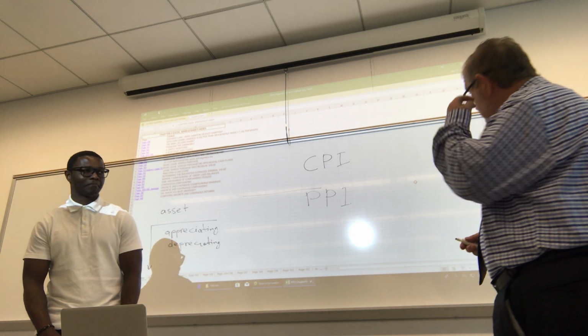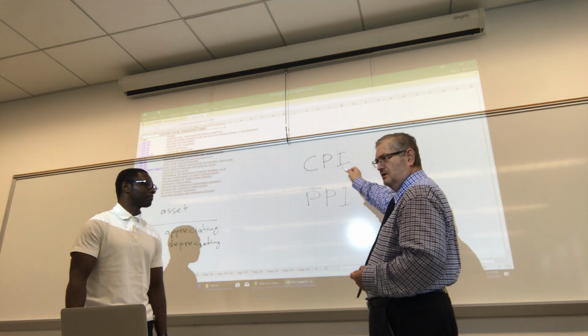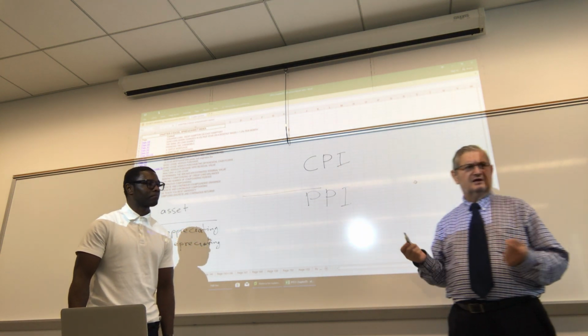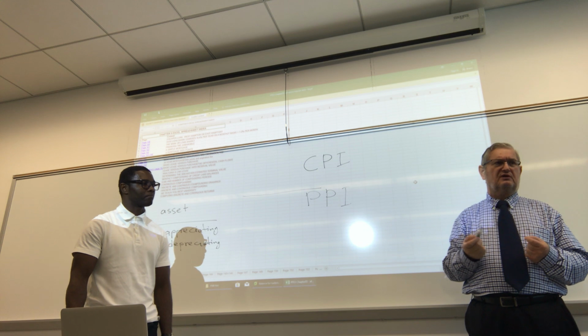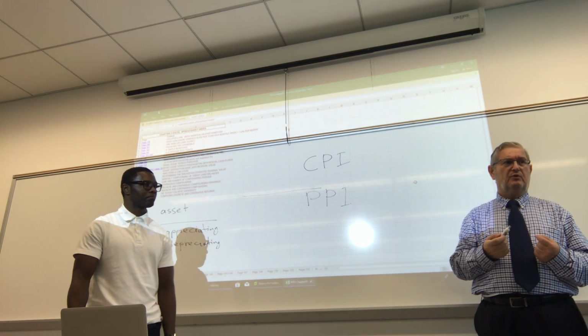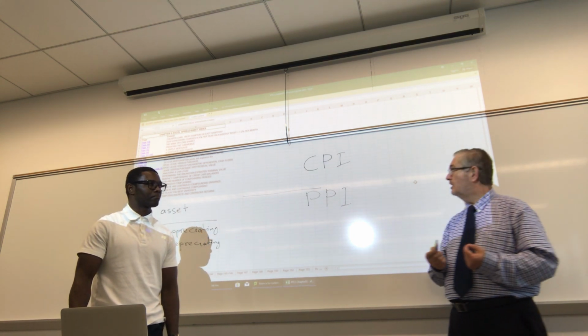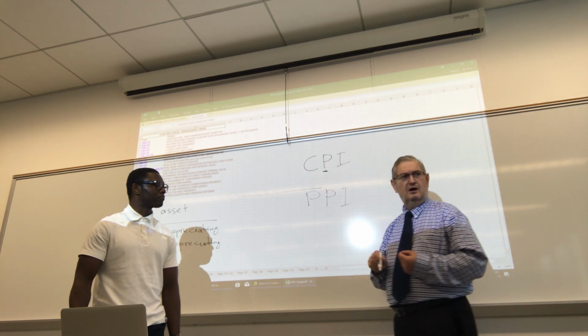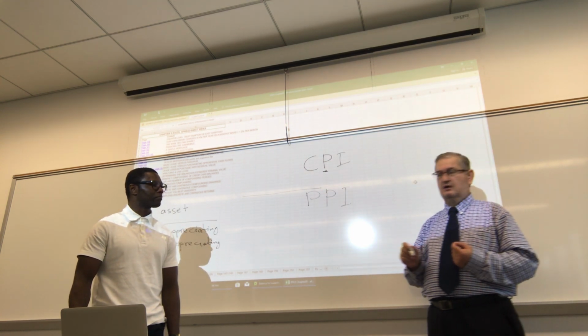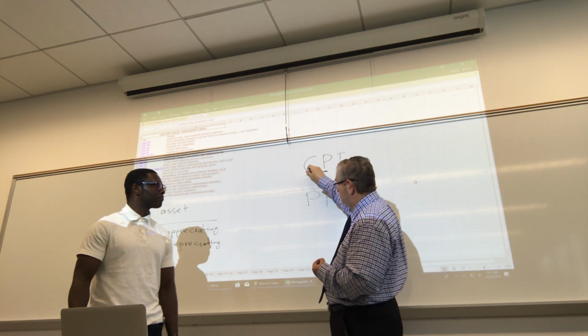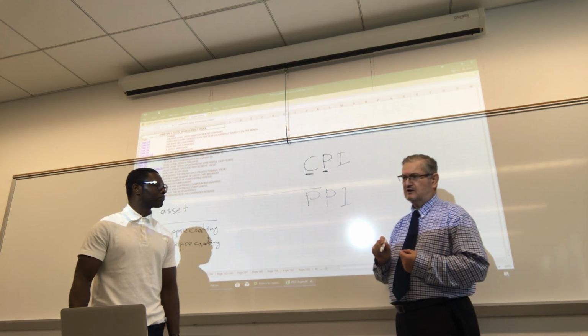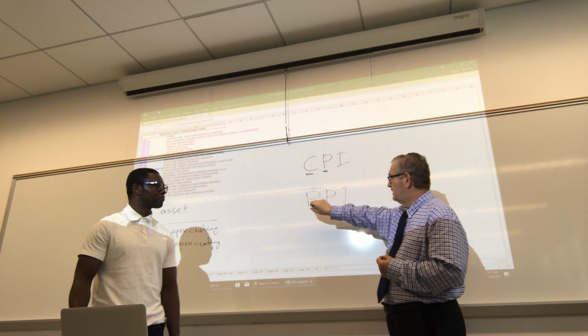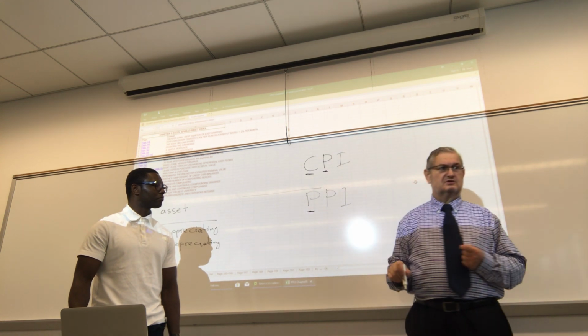Consumer price index is an index, which means what? A statistical calculation that, from many things, we can measure what is happening with prices. What kind of prices? Those that the consumer is facing. That's the difference between the consumer price index and the producer price index.